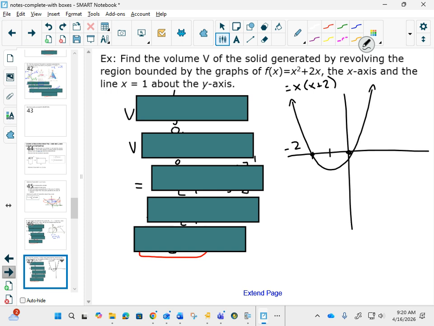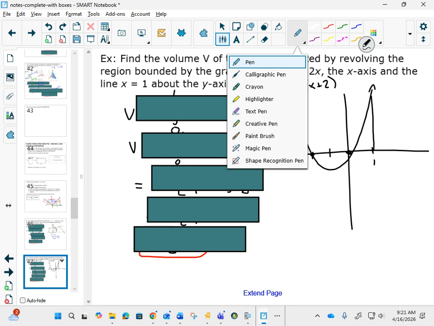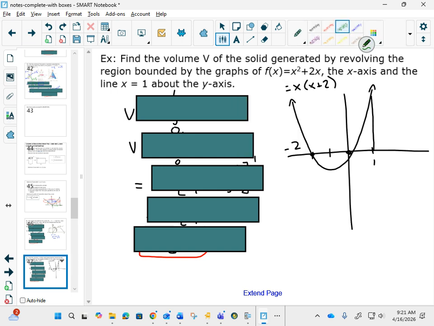The line x equals 1 is right here. And so this orange section is the section that's going to get rotated about the y-axis.